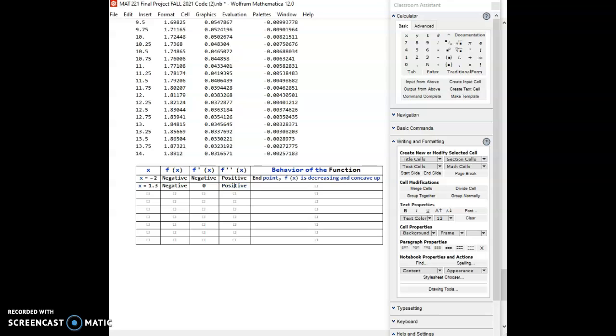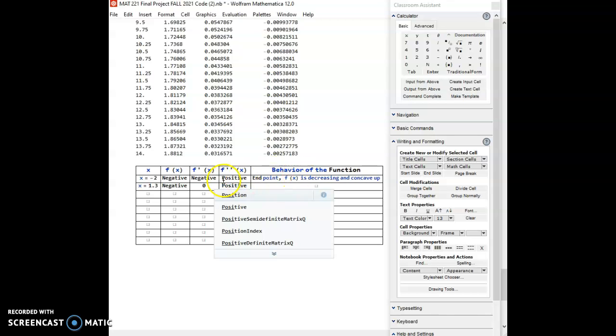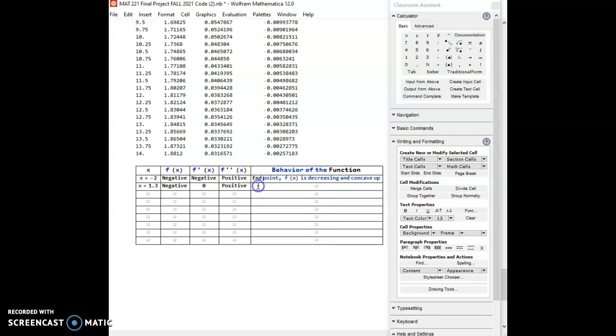And then you're just going to tab over and say, what does that tell you about this function at this point? This is a critical point of f of x. The curve is concave up here, and neither increasing nor decreasing.